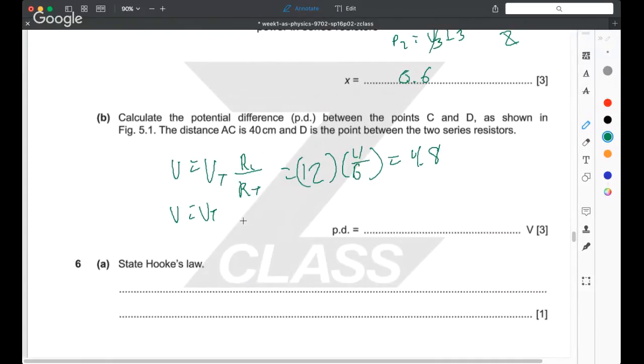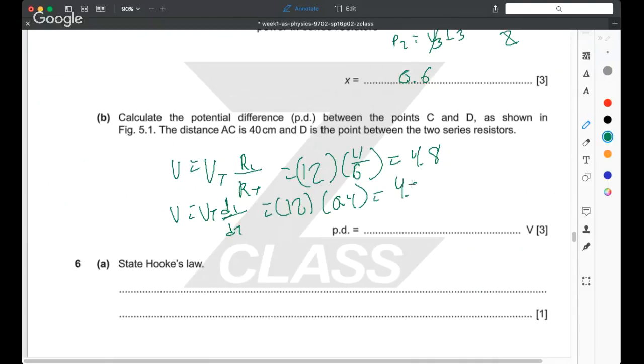So it's going to be exactly the same: 12 times the distance 1 over the total distance, again 12 times 0.4.